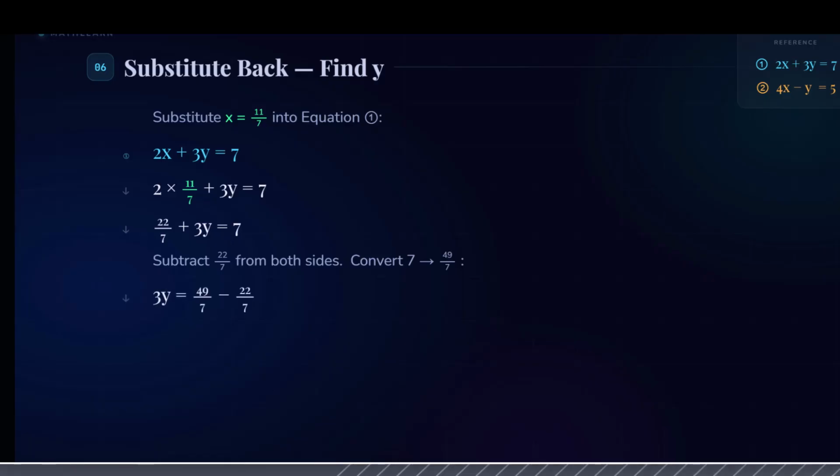Three y equals 49/7 minus 22/7. 49 minus 22 is 27. So 3y equals 27/7. Now divide both sides by 3.